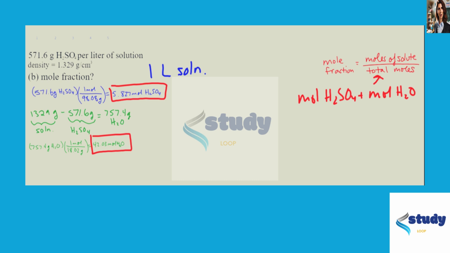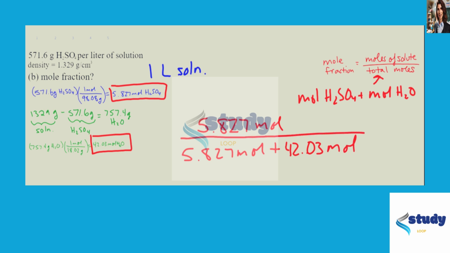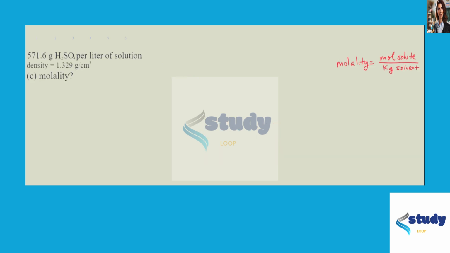So what I have is 5.827 moles divided by the sum, 5.827 moles of the H2SO4 plus the 42.03 moles of the water.